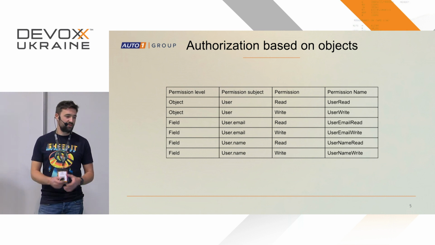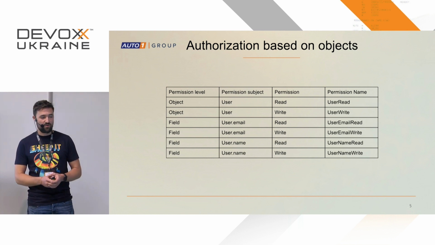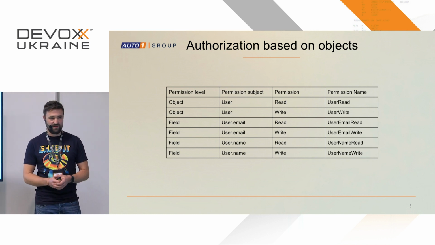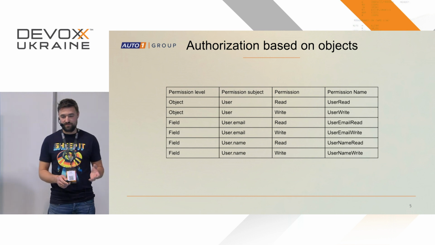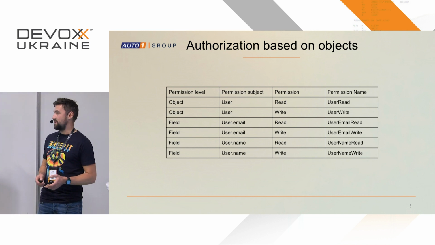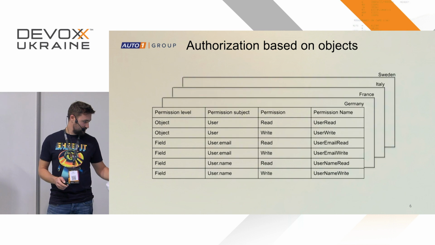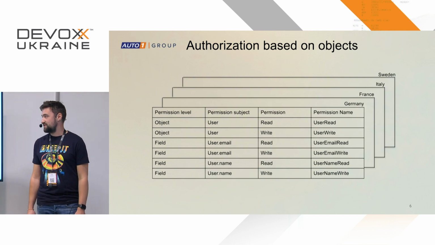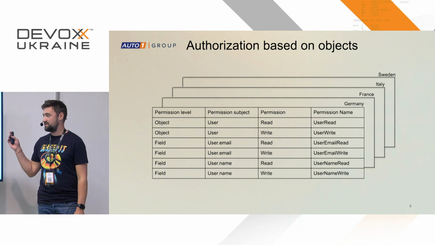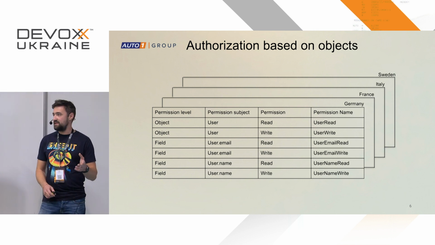And just imagine the business comes to you after that and says, okay, everything is fine, but I would like to be able to limit the user by country access. For example, if a user has access to Germany, he can only edit German users, and so on and so forth. And then we end up with something like a 3D permission matrix with layers of countries. And then it can get even worse.